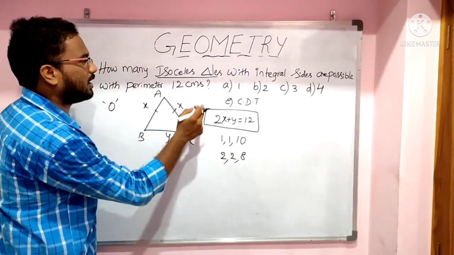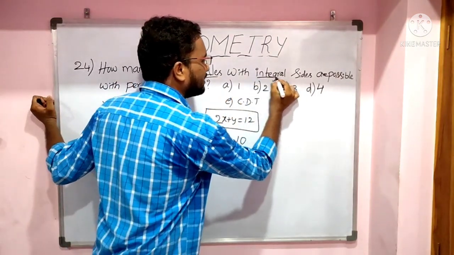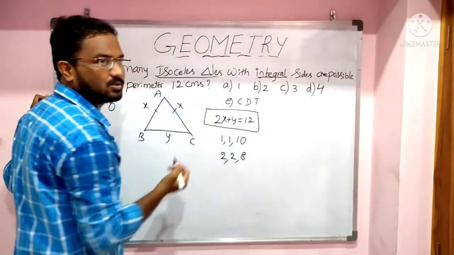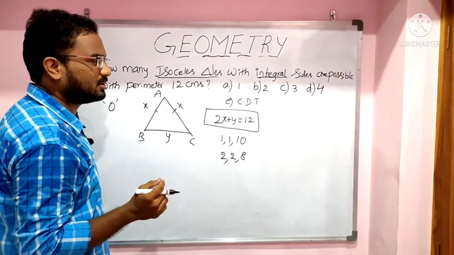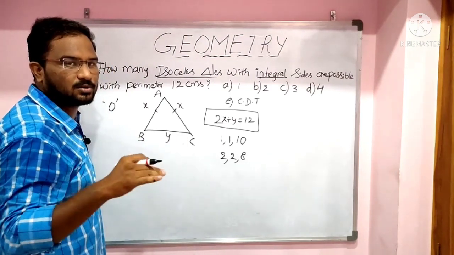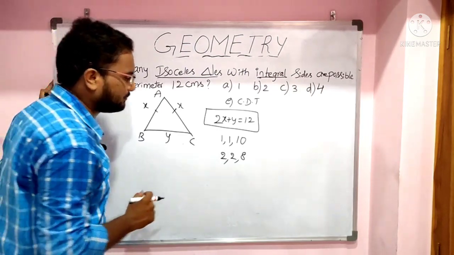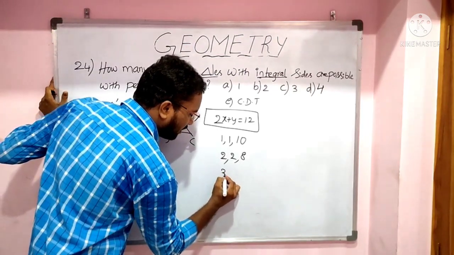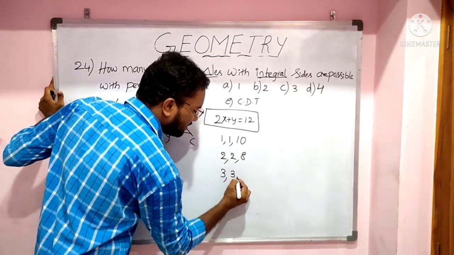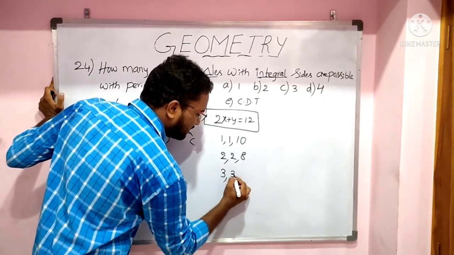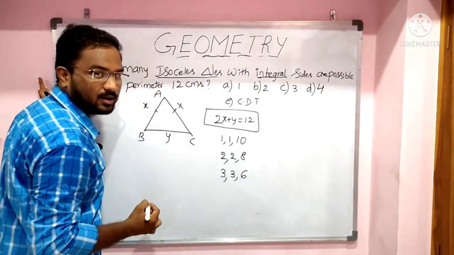We need to have integral sides. This point we should remember. Integral means integers: 0, 1, 2, 3. Next, if one equal side is 3 and the other equal side is 3, the remaining side is 6.